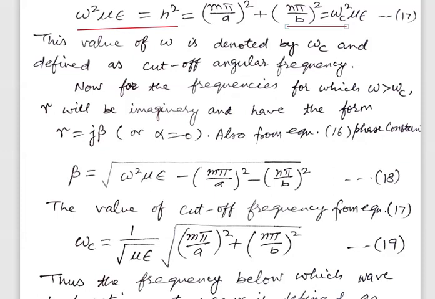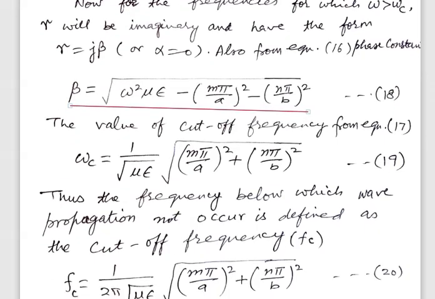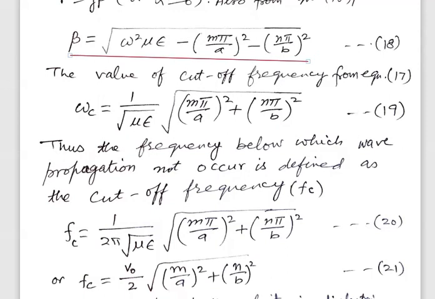So from our previous equation for gamma, when gamma is considered to be j beta, the earlier expression will now become beta equal to under root omega square mu epsilon minus m pi upon a whole square minus n pi upon b whole square. So from these equations we have in this way defined the cutoff frequency. Cutoff frequency is the minimum frequency below which wave propagation does not occur in rectangular waveguides.